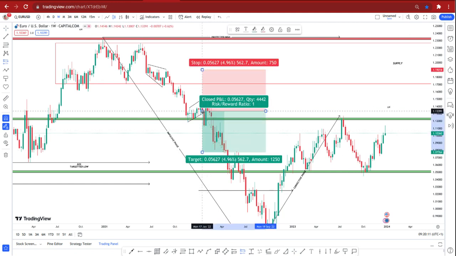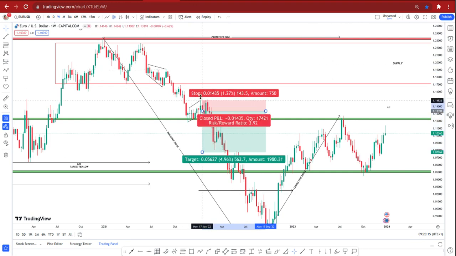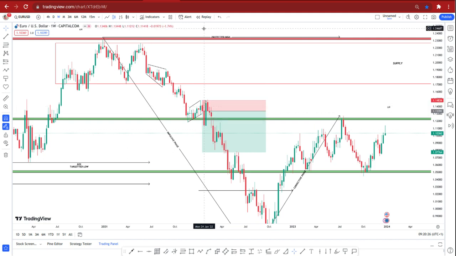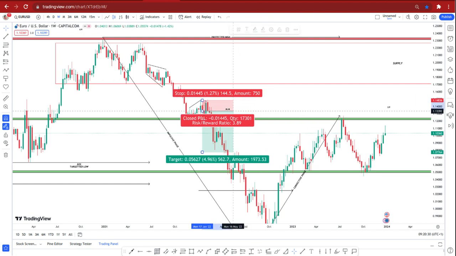I would have loved to enter from here, and probably my stop would have been above this high here. So look at it, you get an entry, I get taken out before the market drops. So that happens sometimes. You don't need to beat yourself up over it.